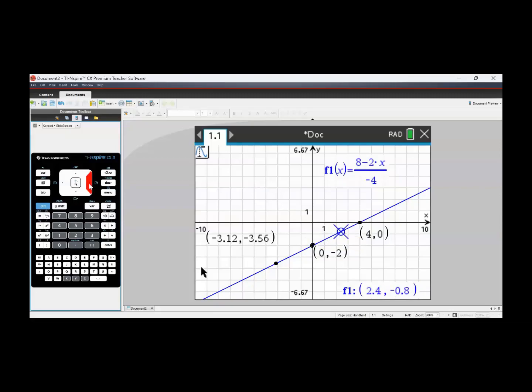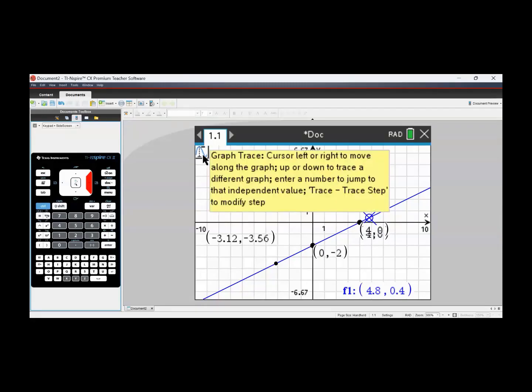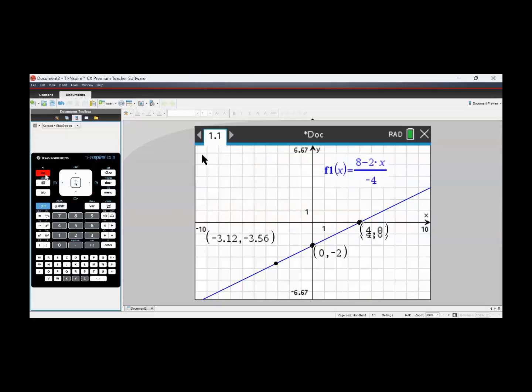Notice if I keep going to the right, when I get to that x-axis, it's going to say 0, and I can hit enter to drop that point. I can keep tracing as long as this symbol is in the upper left-hand corner. So we hit escape to get out of that. Now we have several ways that we just looked at to find the coordinates of both of these x and y intercepts and other features of the graph.